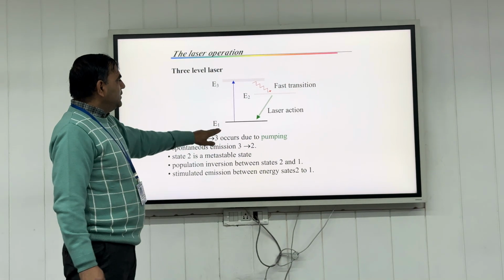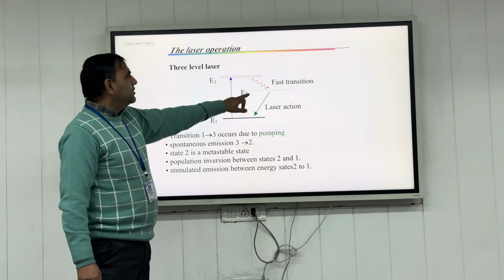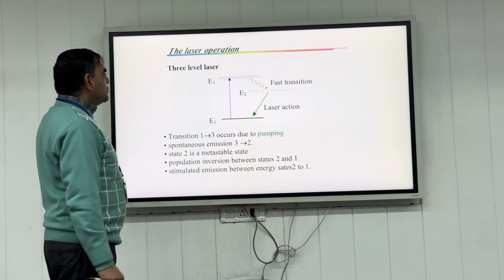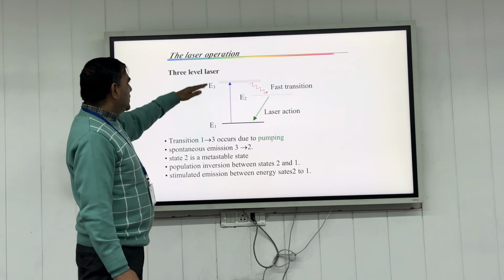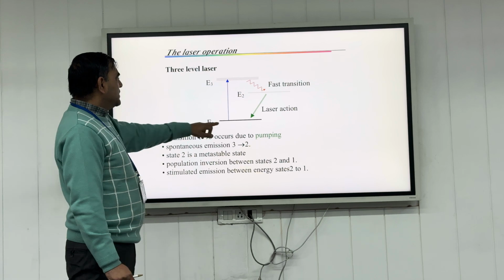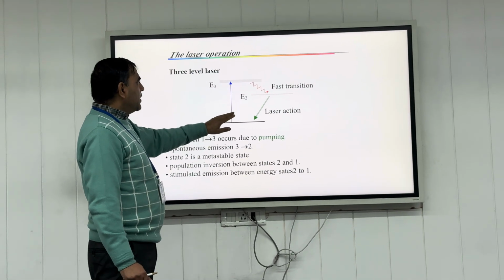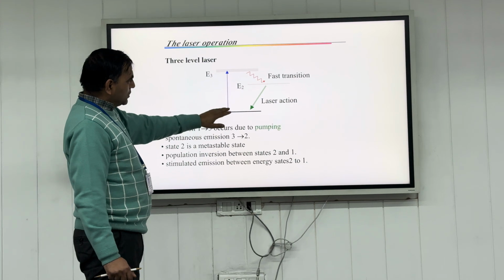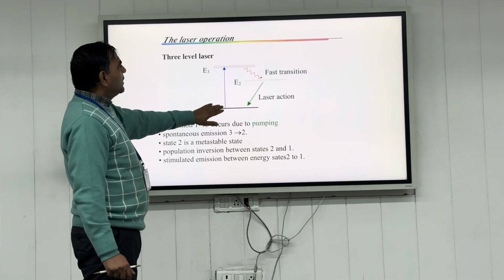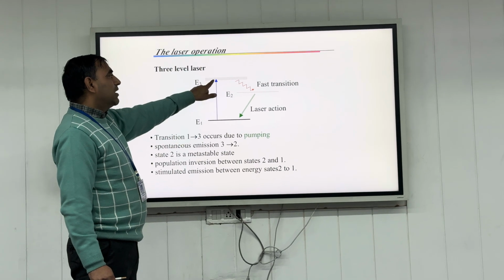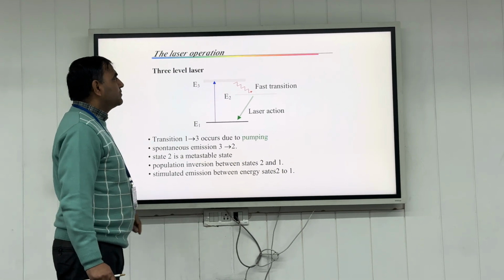Let us consider E1 is the ground state, E2 is the metastable state, and E3 is the excited state. So this is the case of a 3 level laser. In this case, the electron is in the ground state. When we provide energy by pumping or another light source, the electron, atom or molecule goes to the highest energy state, that is E3.